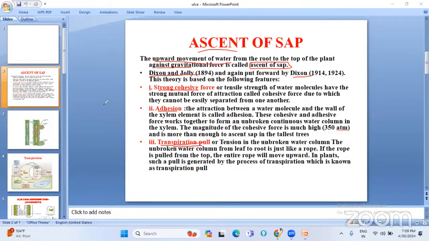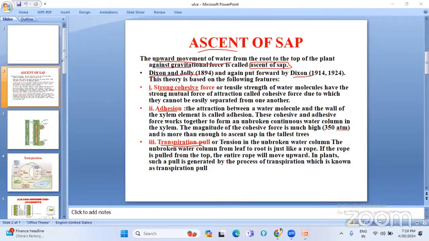Before that, many theories were put forward, such as the root pressure theory and capillary theory, but they are not accepted. The most accepted theory is the Dixon-Joly cohesion-adhesion force theory.